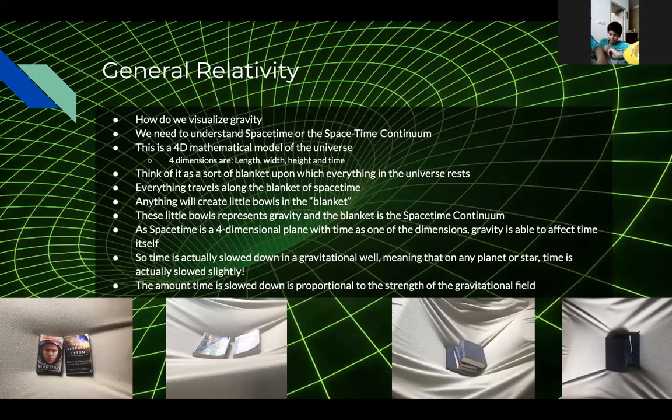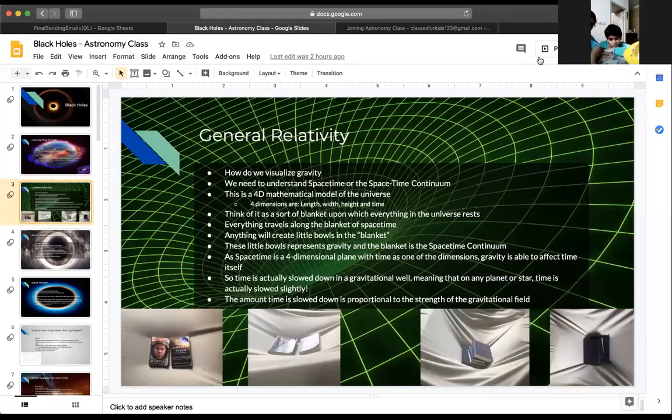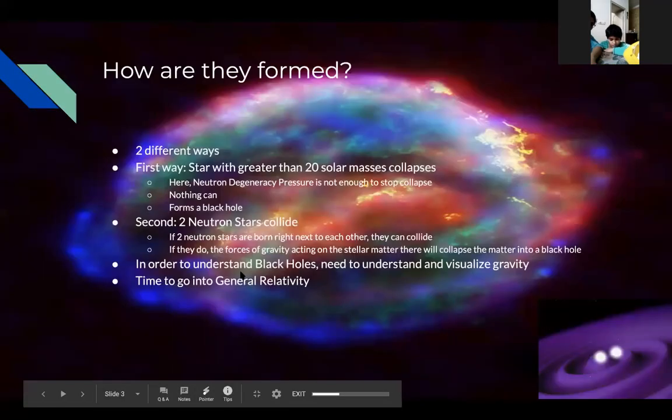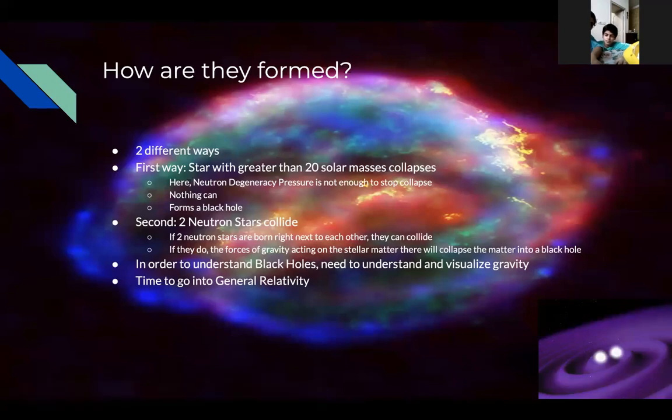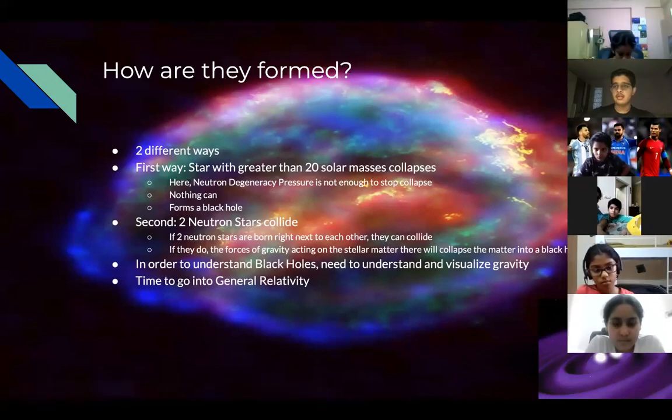I have one last question. It was from the previous slide. I didn't understand how two neutron stars could collide into each other. Could you explain that again? Okay, so basically, this is something I haven't gone over yet, but stars can be born in what's known as a binary pair.